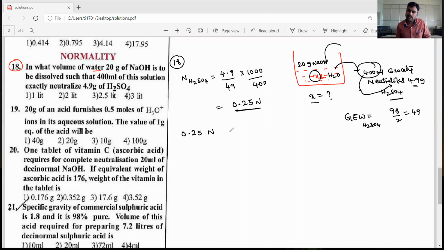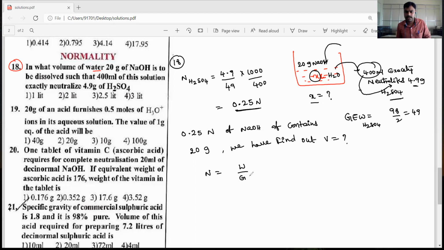So this 0.25 normal NaOH solution contains 20 grams, and we have to find the volume of the solution. The normality is equal to weight by gram equivalent weight into 1000 by volume of the solution in ml.